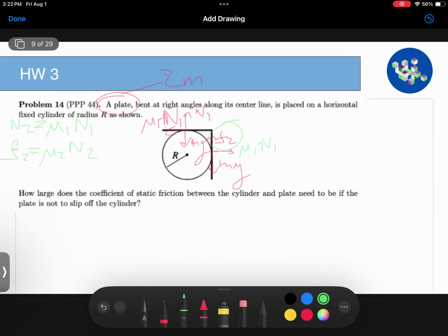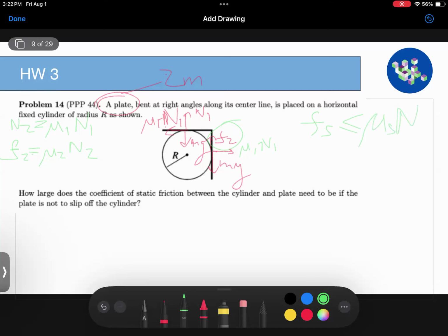Well, the reason is that we're saying that the cylinder plus the plate are supposed to be static. So in static situations, your static friction coefficient is fixed, but the static friction force, let's say Fs, is always less than or equal to the static friction coefficient times the normal force.